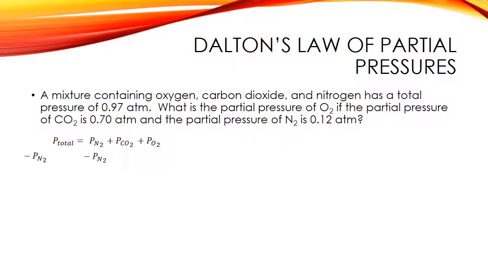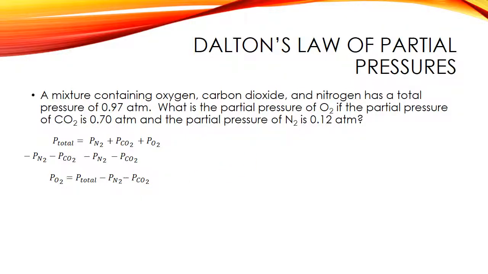I'm going to subtract the partial pressure of the nitrogen from both sides. I'm also going to subtract the partial pressure of the carbon dioxide from both sides. So they'll cancel on the right side, and I'll just move them to the other side. That gives me the partial pressure of the oxygen equals the total pressure minus the partial pressure of the nitrogen minus the partial pressure of the CO2.